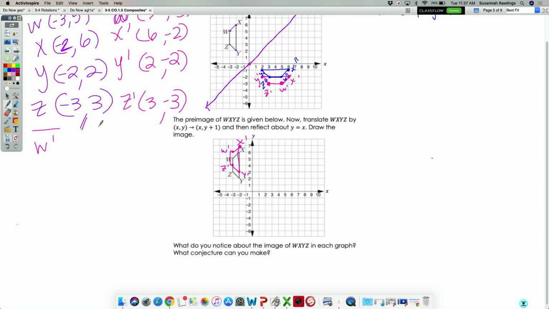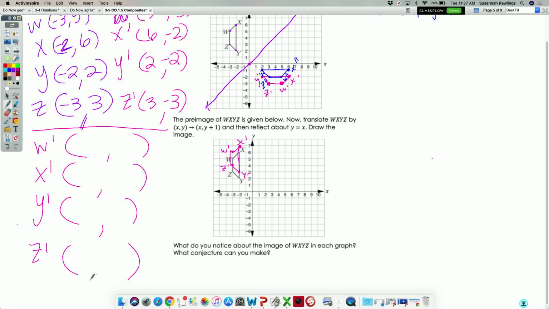We are going to need these points, so W prime, X prime, Y prime, Z prime. So double check me, but W prime is -3, 6, yes? X prime is -2, 7. Y prime is -2, 3. And Z prime is -3, 4.